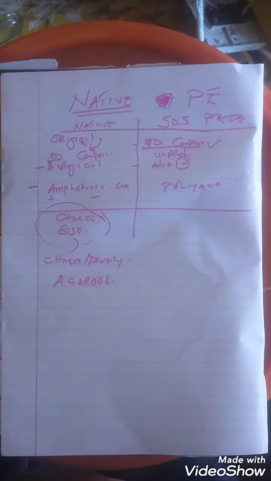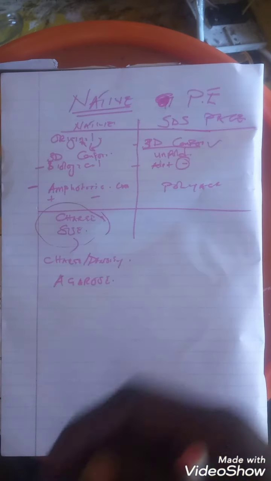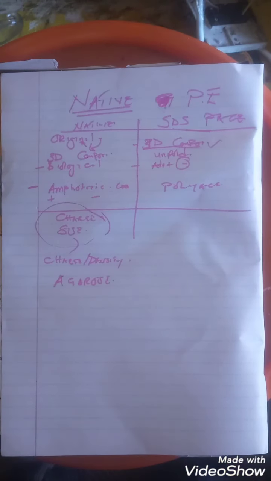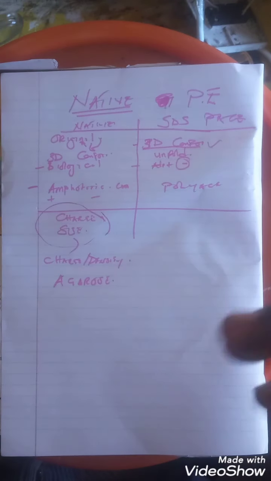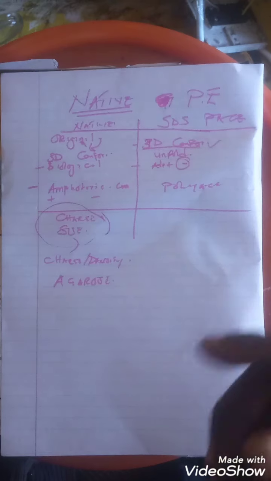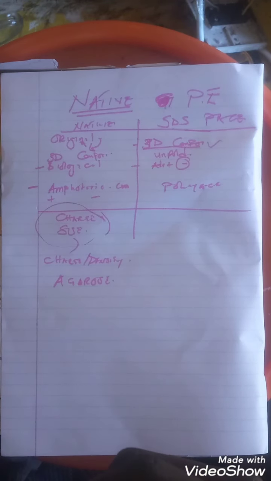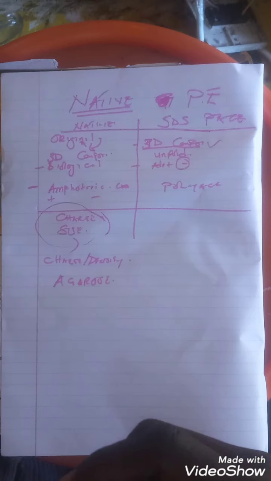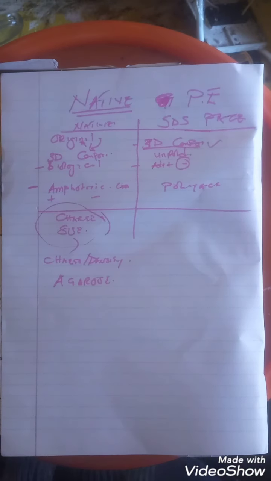Mostly when agarose is polymerized, it has large pore sizes. So separation will not entirely be based on size. Why? Because there will be no molecular sieving. That molecular sieving effectiveness is not there, since even large molecules will pass through, and smaller molecules will pass through because of the largeness of the pores of the agarose gel.